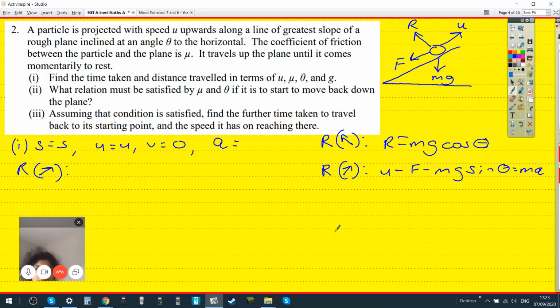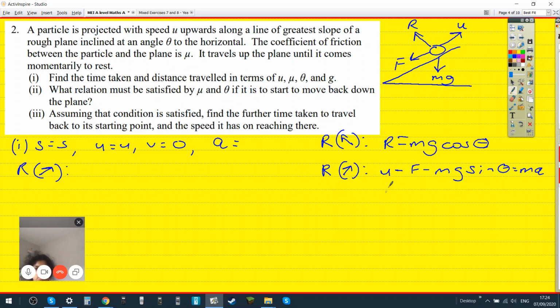Maybe try and rearrange to find a. So it would just be divided by m. We're acting against friction, aren't we? And it's moving up, so I think we've reached F max.